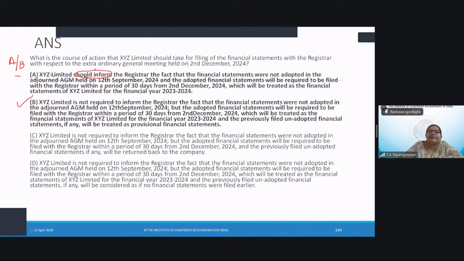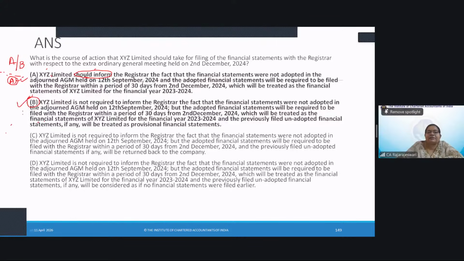But it is not wrong if they have informed. It is specifying to the ROC the nature, why it was done, the reason. So even if a person has selected A, marks were given. But I would say it is only B.